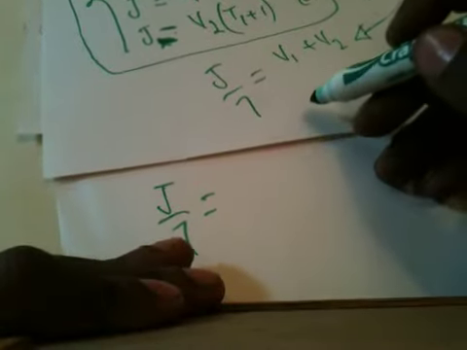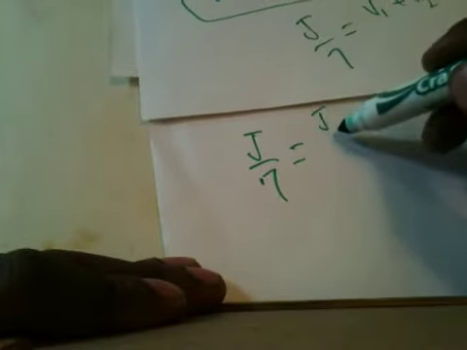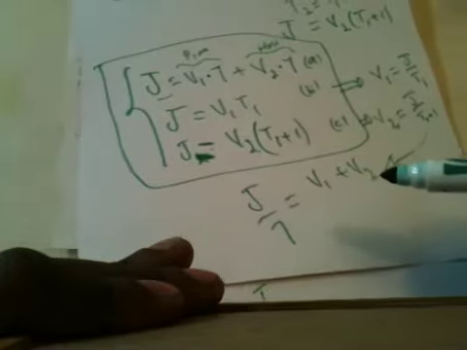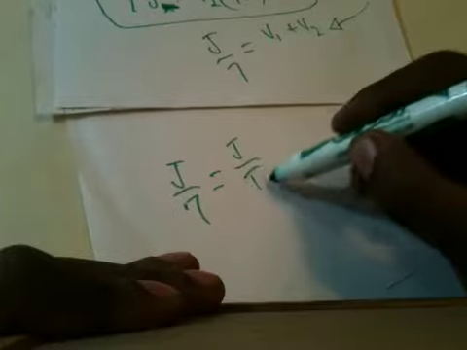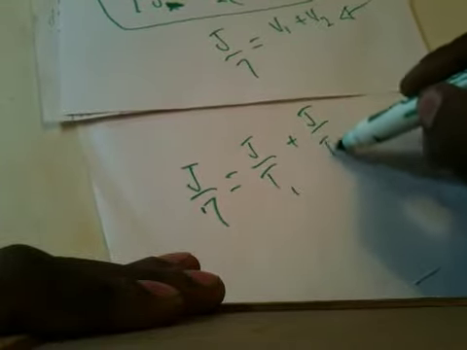So I come here, I can use it here, substitute to have fewer variables. I substitute all these here, so I have the job divided by 7 is equal to the job divided by T1 plus the job divided by T1 plus 1.